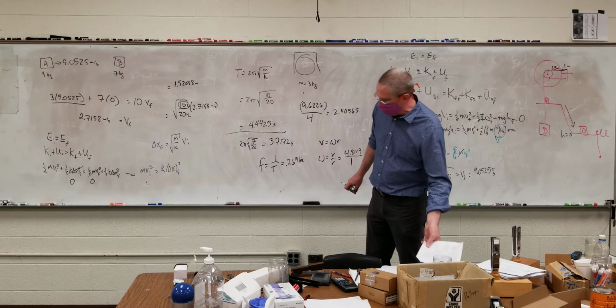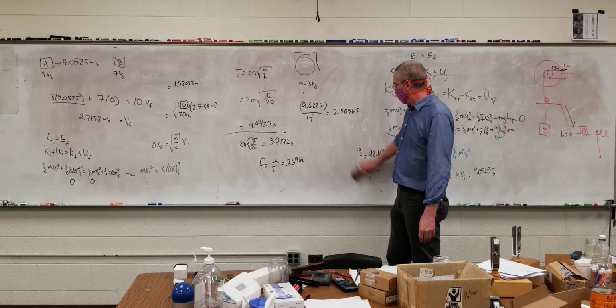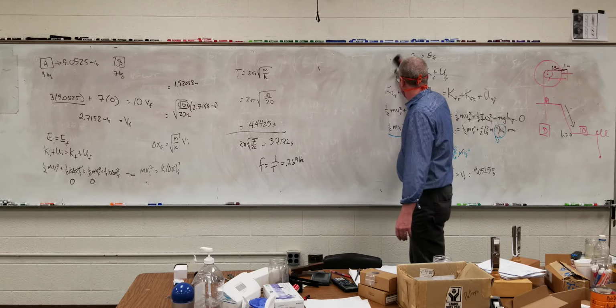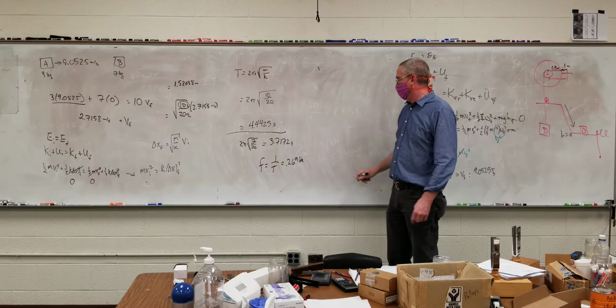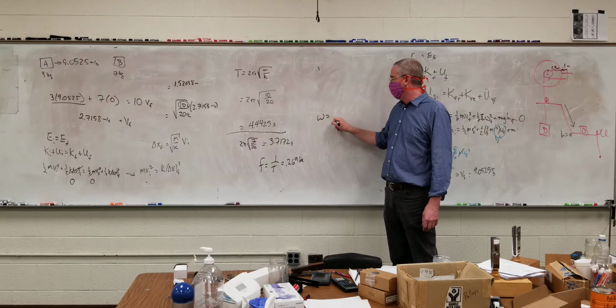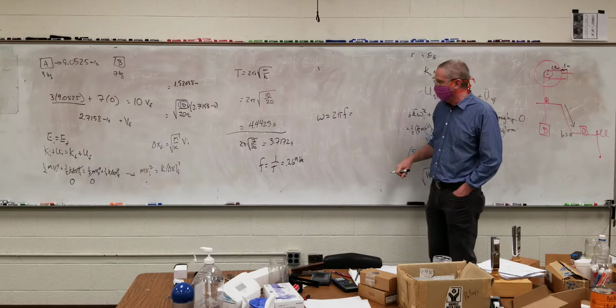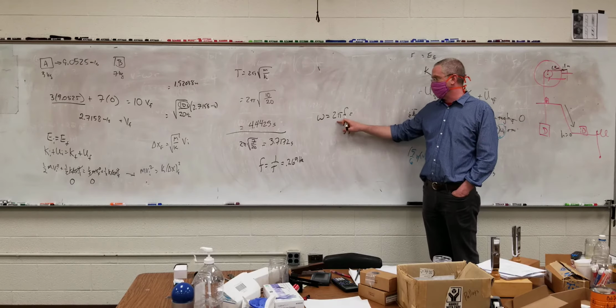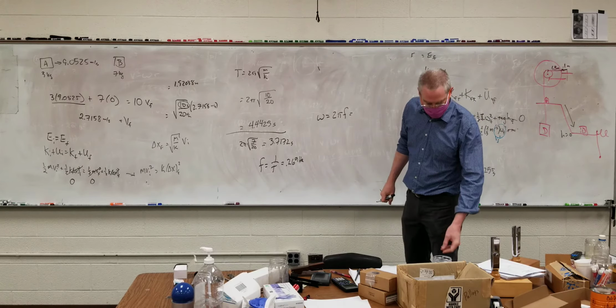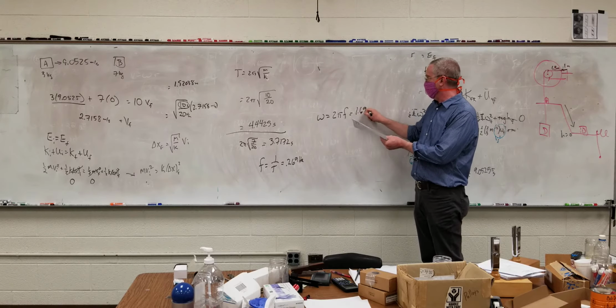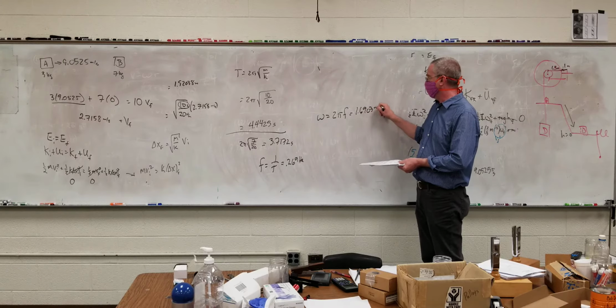And then the angular frequency, again, just straight up formula. Angular frequency is 2 pi times regular frequency, so it's 2 pi times 0.269. 1.6903 radians per second.